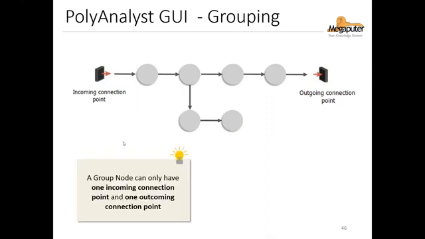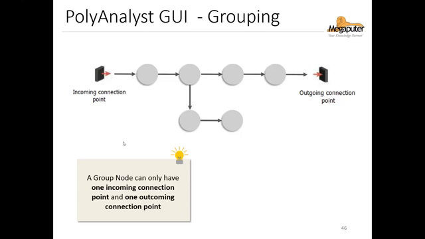Now, it's important to note that this node grouping can have no more than one incoming connection point and no more than one outgoing connection point, regardless of how many workflow branches we may have in our group node. That doesn't mean that the group node can't connect to more than one node outside the group, only that you have to choose a single node from inside the group to be the output point.